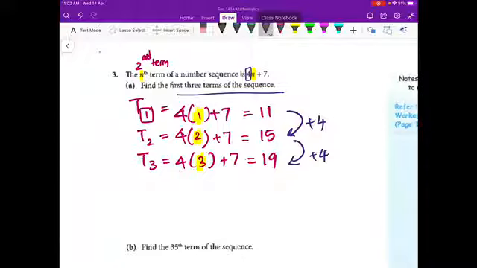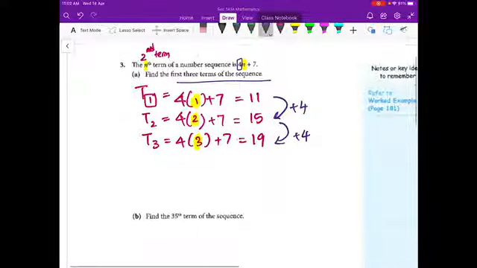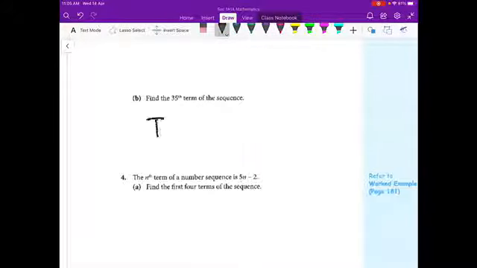Now, part B says find the 35th term. Should we keep adding 4 and adding 4 and adding 4? Try it yourself and we see what happens. T35. Look at how I write the 35. I don't want you to end up writing like this, because then this is not going to be accepted.